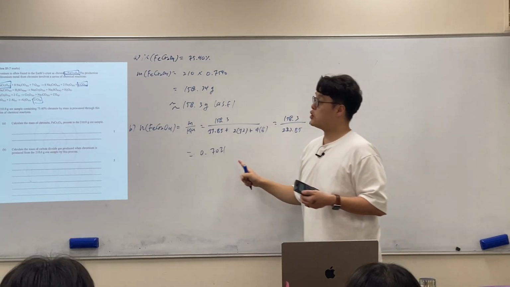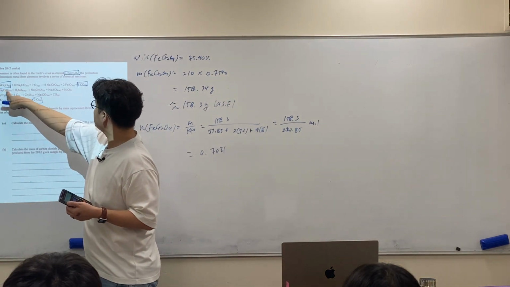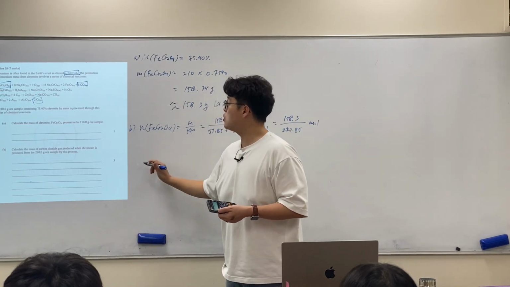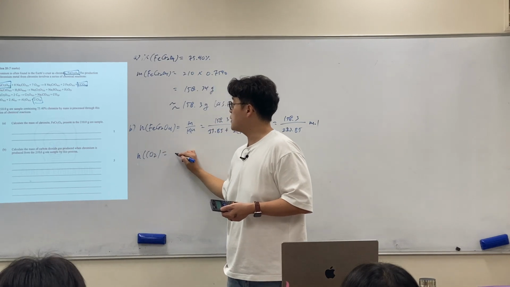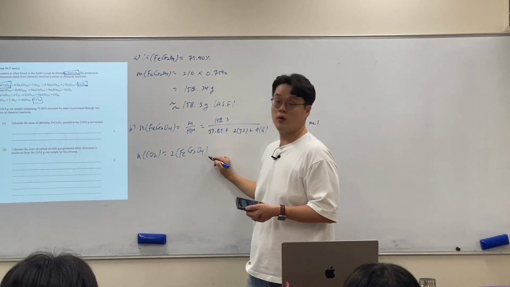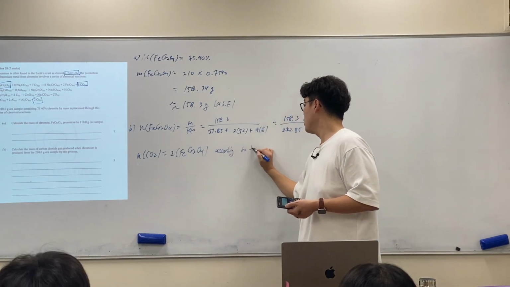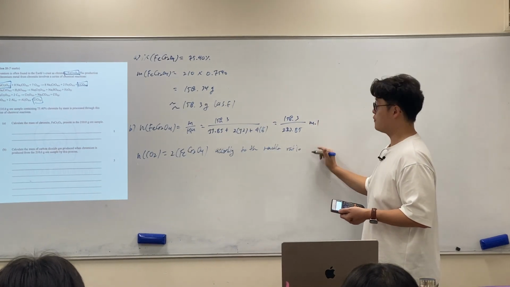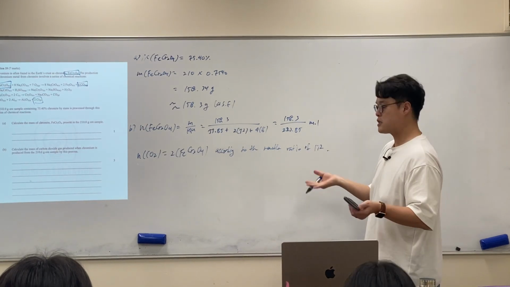And as we can use the molar ratio, the iron chromate to the carbon dioxide, we can use this. Then n of CO2 would be 2 times n of FeCr2O4, according to the reaction ratio of that, which is 1 to 2, or 4 to 8, the same as 1 to 2.